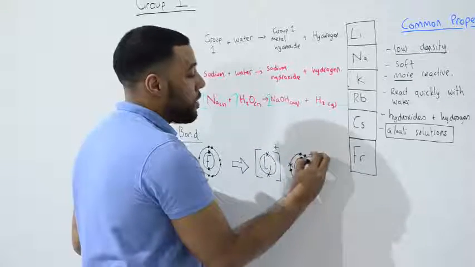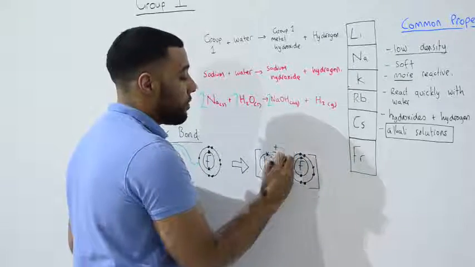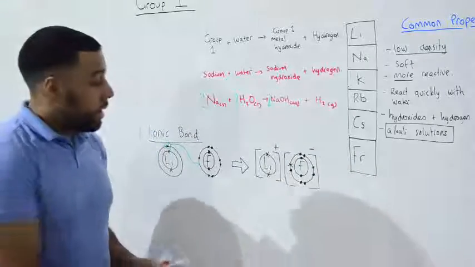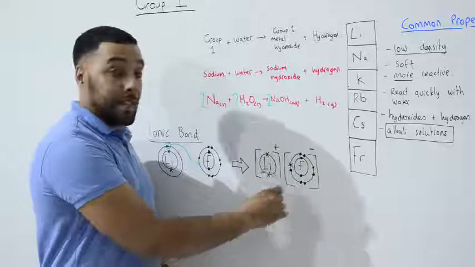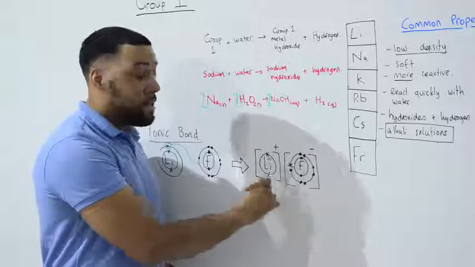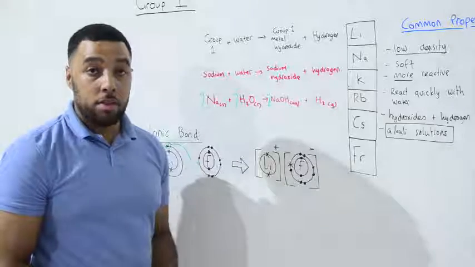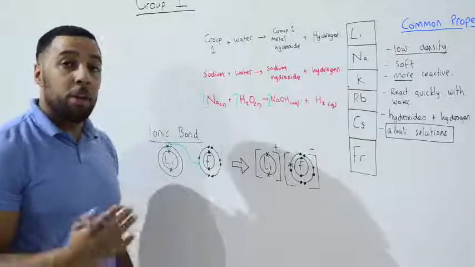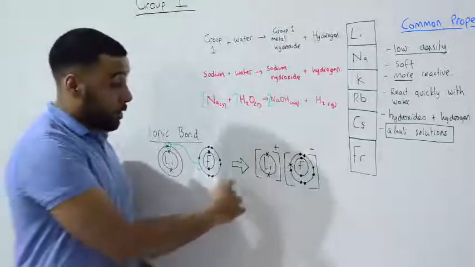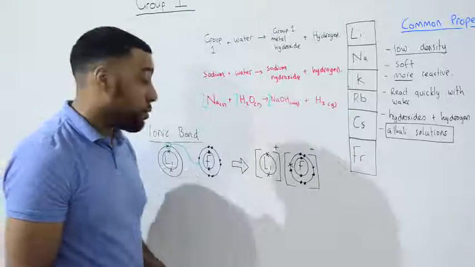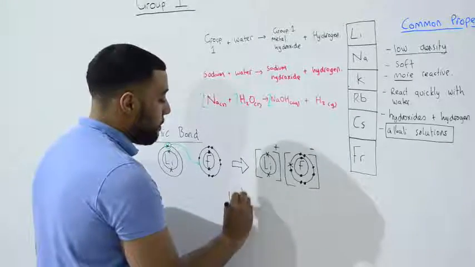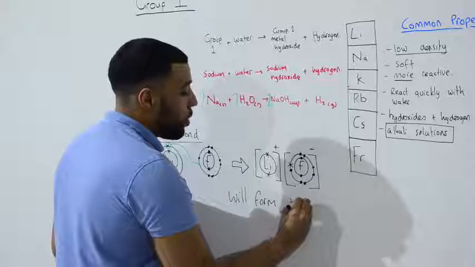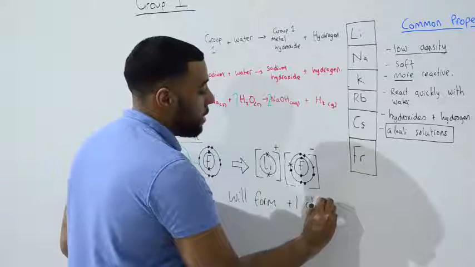So because fluorine has gained an electron, it becomes negative. There's a strong electrostatic attraction between these oppositely charged ions. And from this ionic bonding diagram, you should notice that all Group 1 metals will form a +1 charged ion.